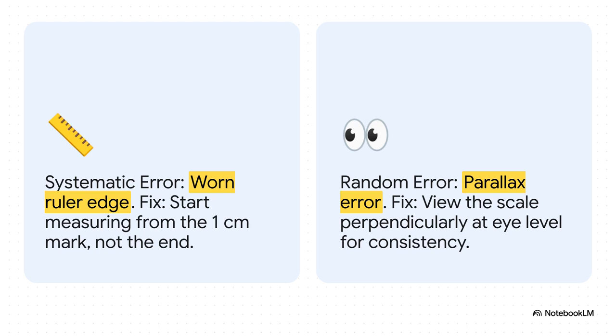If you always measure from that damaged zero mark, every measurement will be consistently off. The easy fix? Don't use the end. Just start at the 1 centimeter mark and remember to subtract it from your final reading. And for the random error, parallax is the classic culprit. The solution is just good technique. Get your eye level with the marking and look straight down, perpendicular to the ruler.